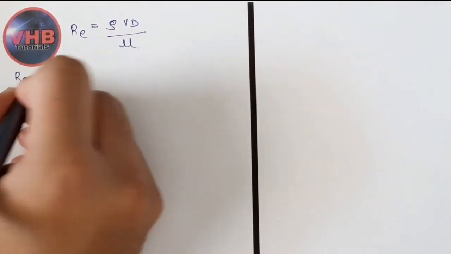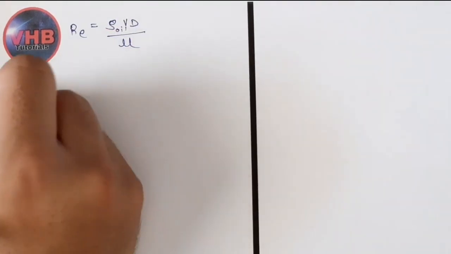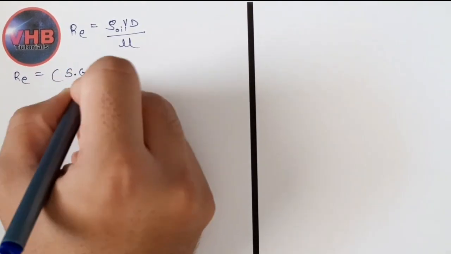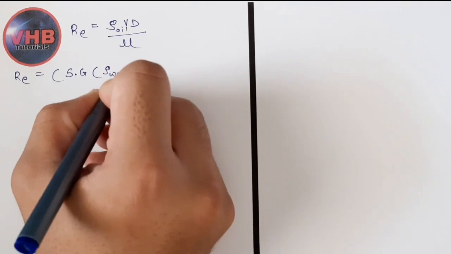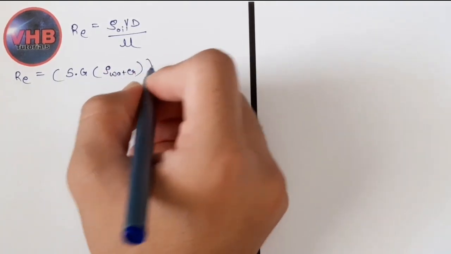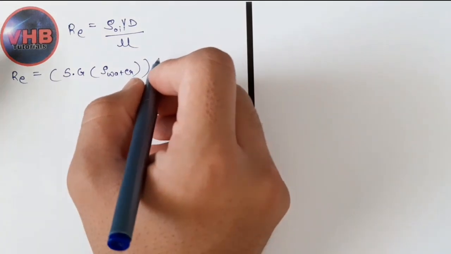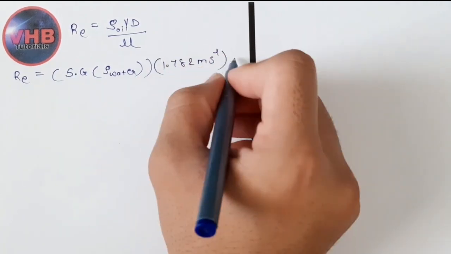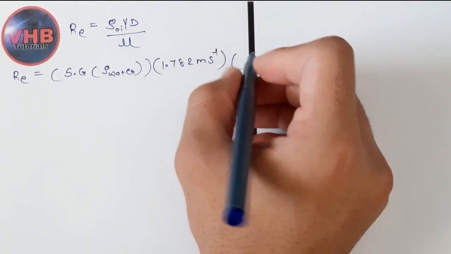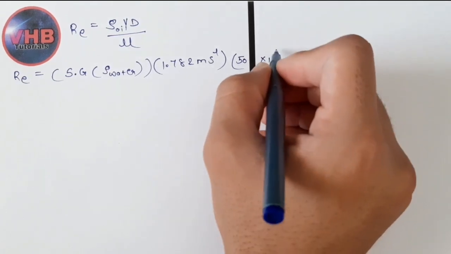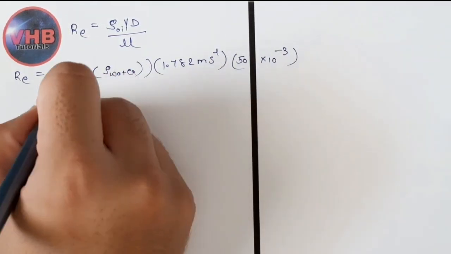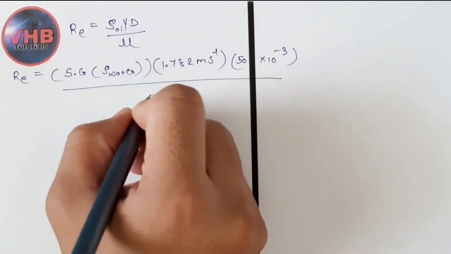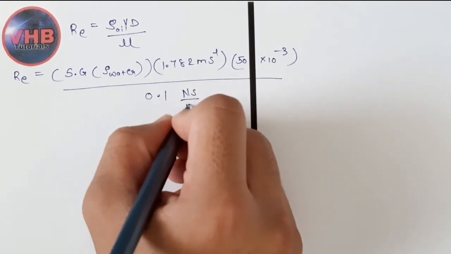What is the density of oil? The density of the oil equals specific gravity into density of water, into u, the average velocity, 1.782 meter per second, into the diameter of the pipe, 50 into 10 raised to minus 3, divided by mu. Mu is 0.1 Newton second per meter square.